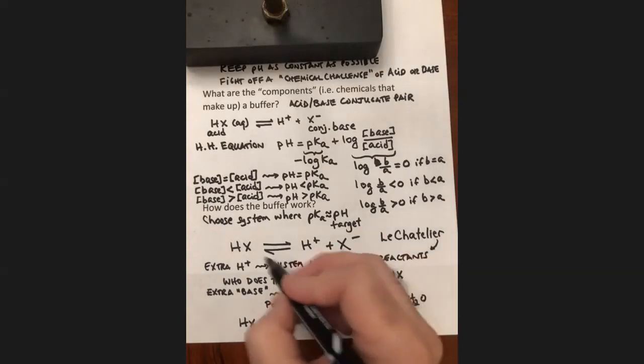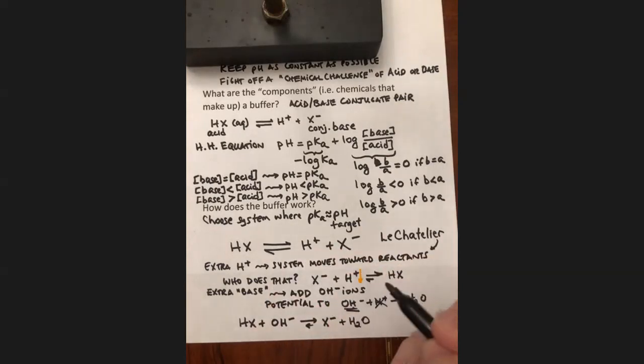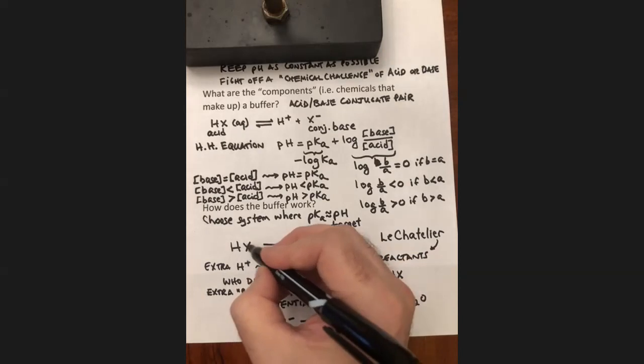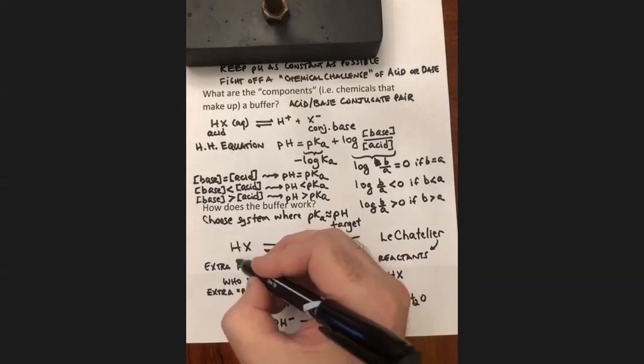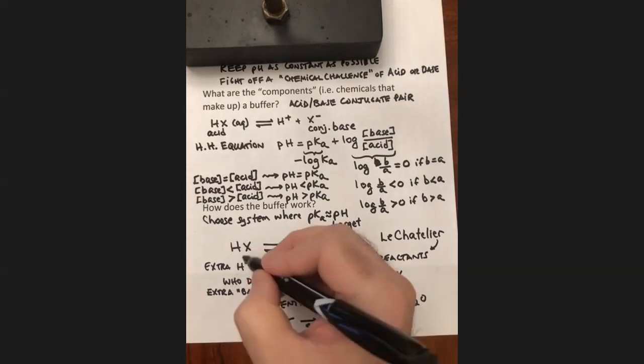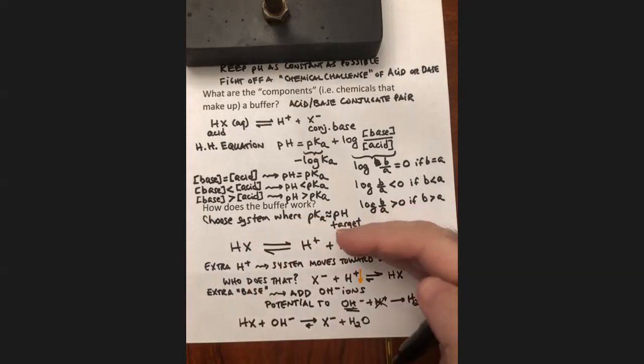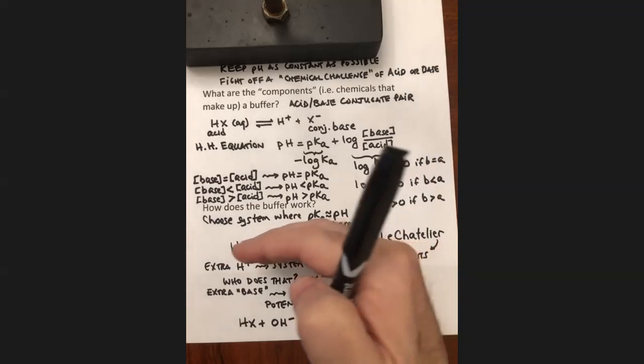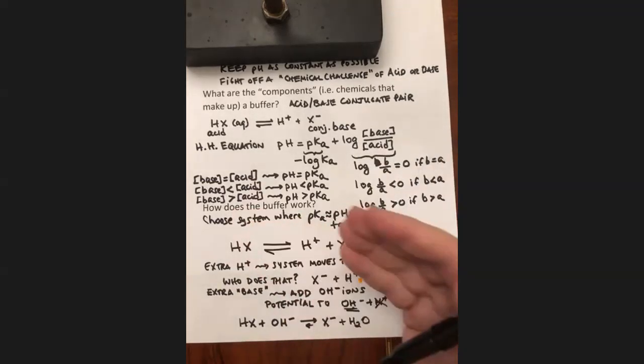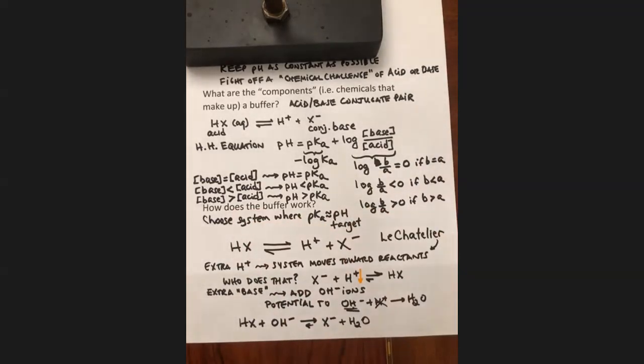Again, Le Chatelier. What happens now? Well, I am using some of this HX to fight the challenge of the hydroxide ions. So that means that this decreases. So now my equilibrium system shifts back towards the left to replace it, and so forth. Remember, the equilibrium is always going to take care of itself.